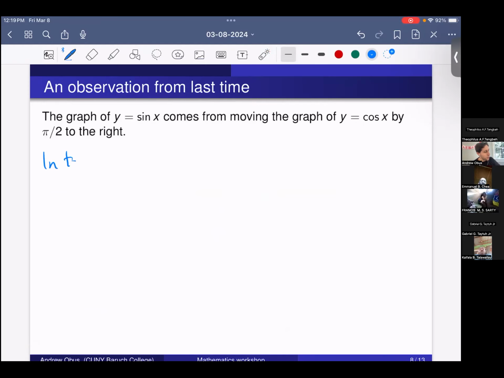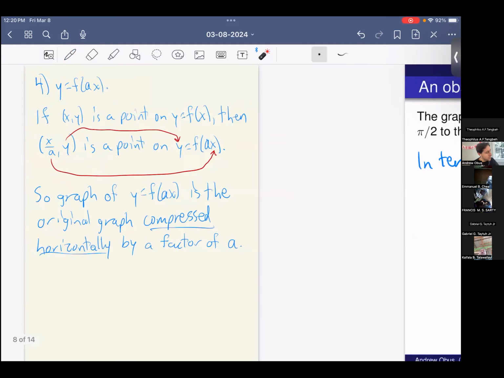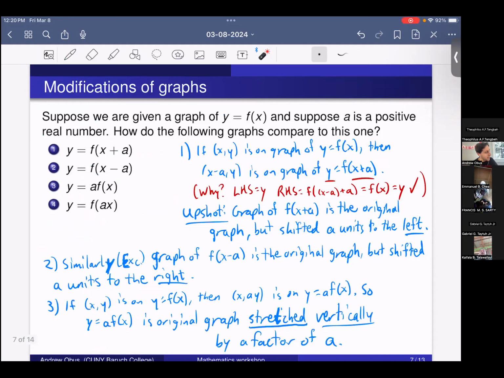So in terms of equations, what does this mean? Well, pi over 2 to the right is number 2, moving to the right. If you have an original graph, to move it to the right means that you're plugging in x minus a instead of x.